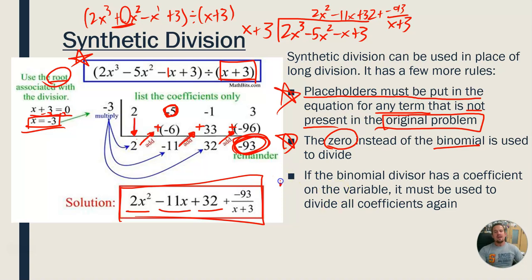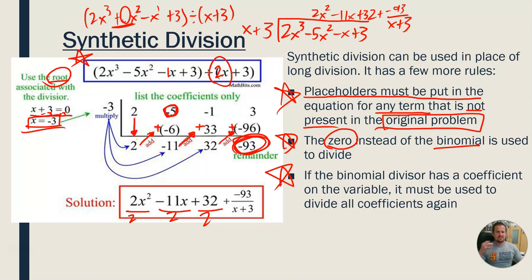And the last thing, and we're going to do an example of this in a minute: if the binomial divisor has a coefficient on the variable, it must be used to divide all coefficients in my answer again. So if I was dividing by 2x plus 3 instead of just x plus 3, then in my final answer, this is theoretical right now, I'd have to divide every one of those coefficients by that same coefficient. That's the last rule, and we'll do an example of that in a minute.